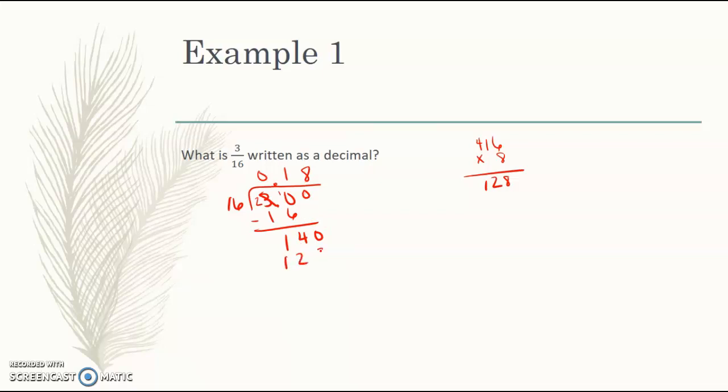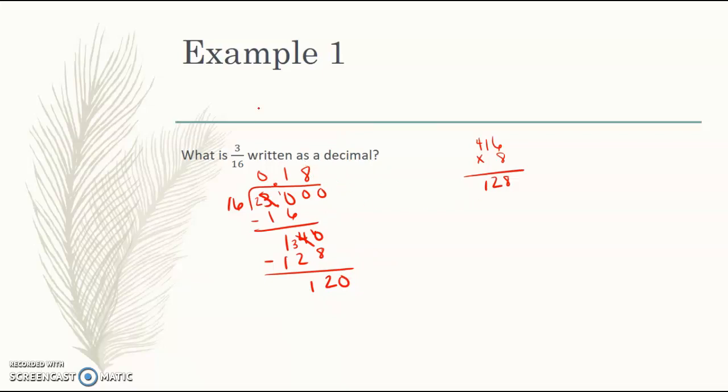I'm going to put 128 here. And I'm going to subtract. So then I have 10 minus 8, which is 2. The 4 became a 3, so 3 minus 2 is 1. So it's 12, and since that's less than 16, I know that 8 was the correct choice, and that I didn't want to go higher. And 16 does not go into 12, so I have to drop down that 0.